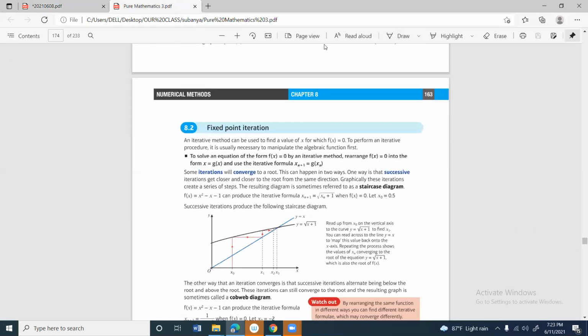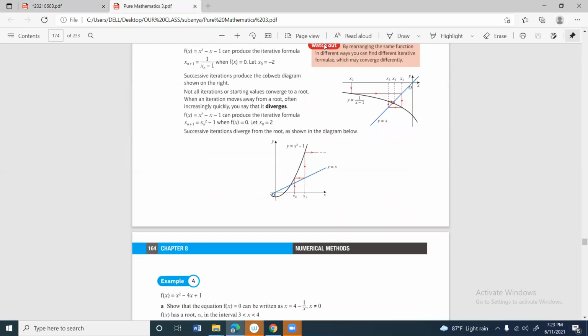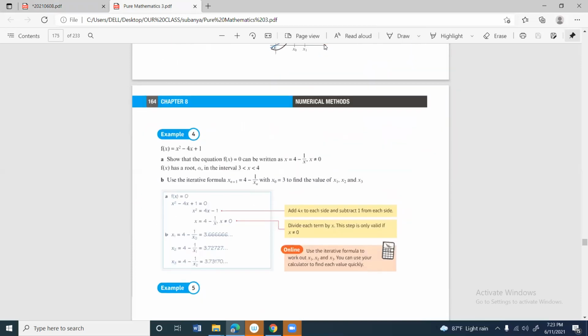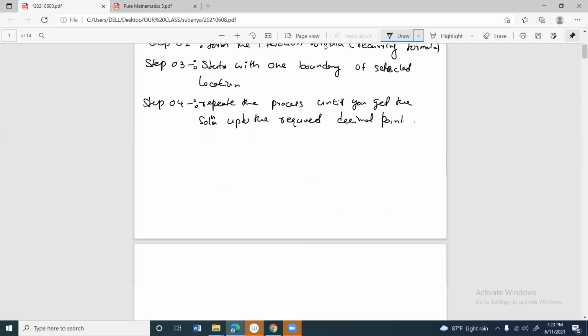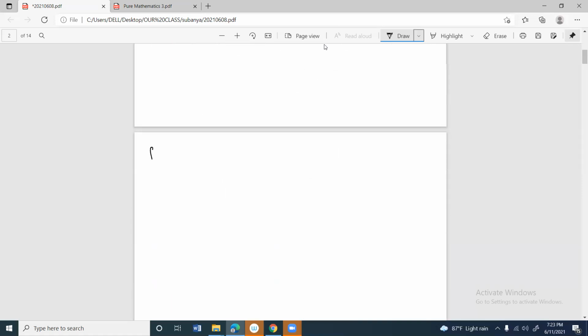We'll start with the first example. They mention f(x) equals x squared minus 4x plus 1. Actually, to solve this equation we don't need the iteration formula, because you can get it straightforwardly.